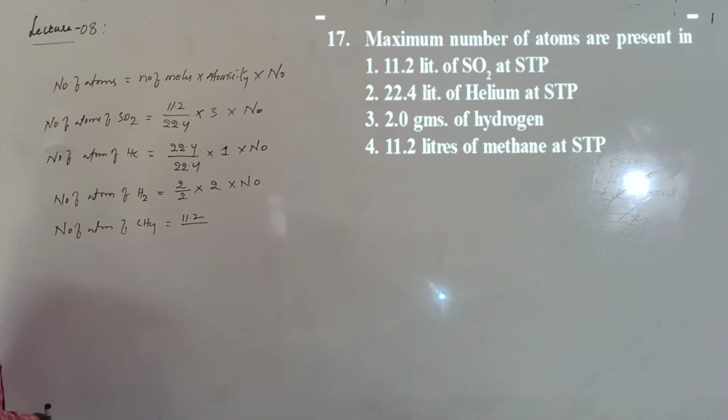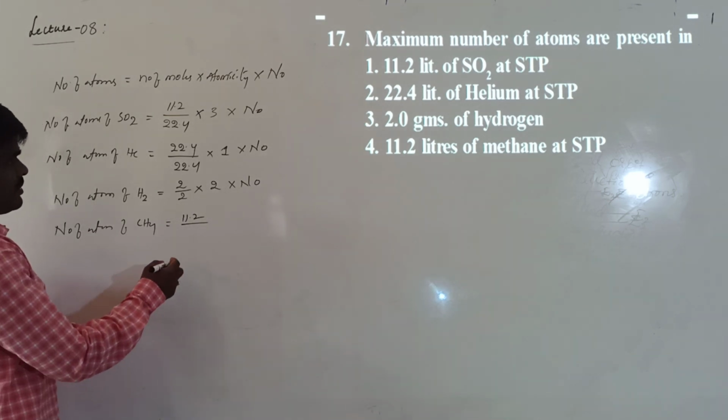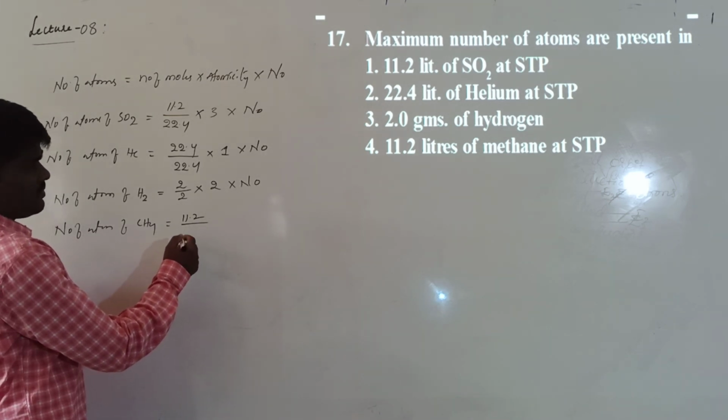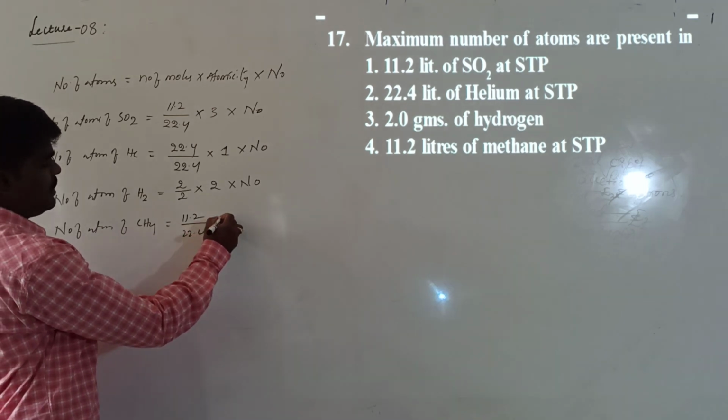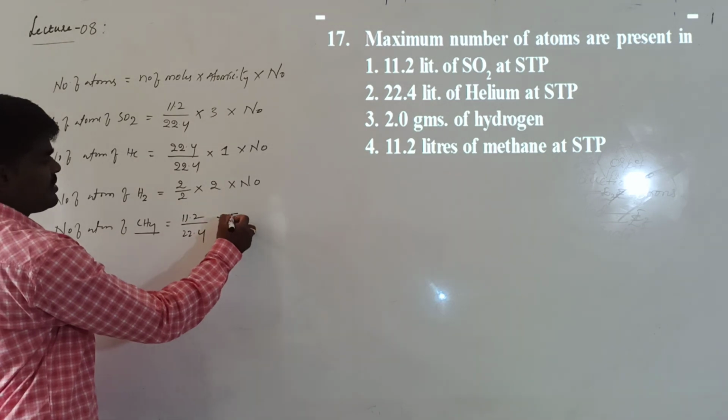11.2 is given. So how much does it come to? 11.2 upon 22.4, into how many atoms? 5 atoms are there.